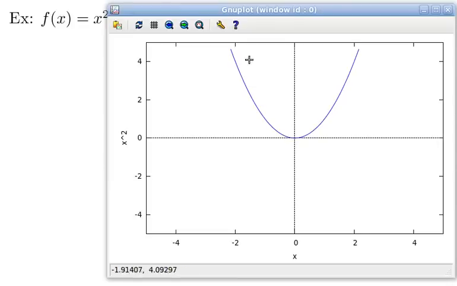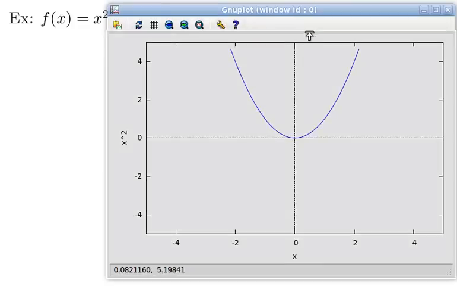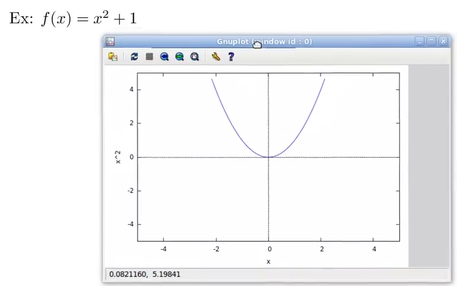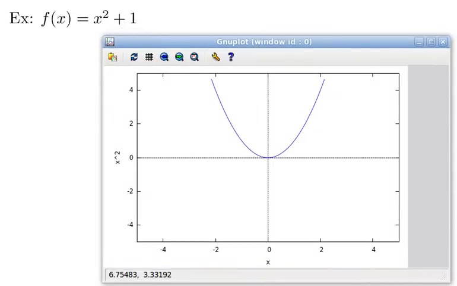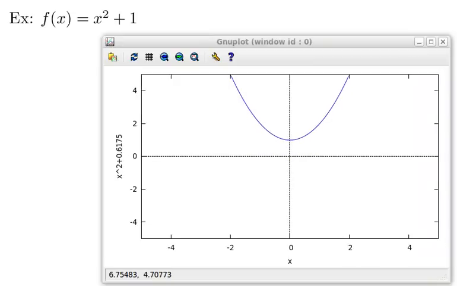This is just a regular f of x. Let's shrink that down so you can see the actual function. But we just added 1 to it, so we want to move it up. Let's see how well this will work out. Okay, so we just took f of x and we added 1 to it. So when we added 1 to it, it moved the entire thing up 1.